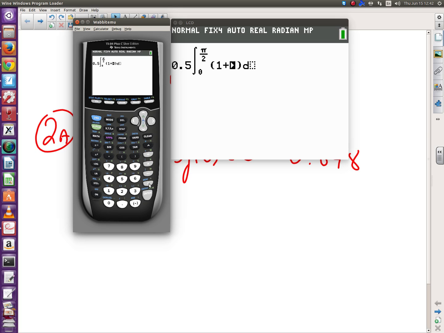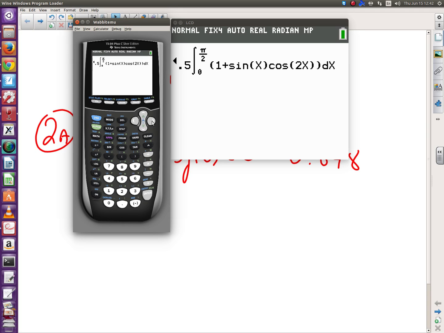So 1 plus sine theta. Now, I could use theta here, I suppose. I'm not in polar mode, so I'm just going to use x. If I was in polar mode, it would say theta. Close parentheses, times, and then I don't think I need to say times, it's an implicit multiply. Cosine of 2x, and that, with respect to x. Don't forget we're squaring that whole thing. It's not going to let me do that.